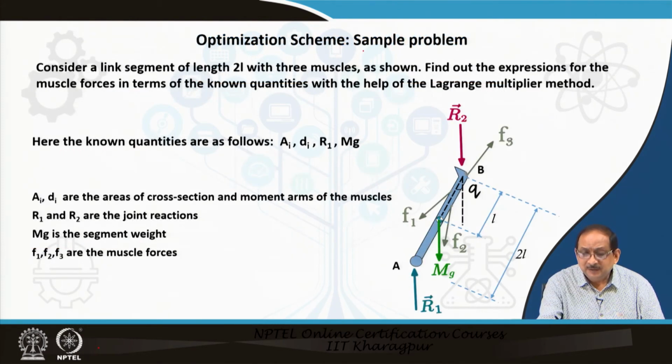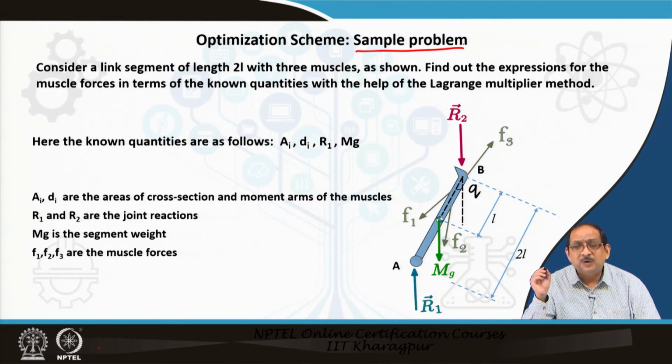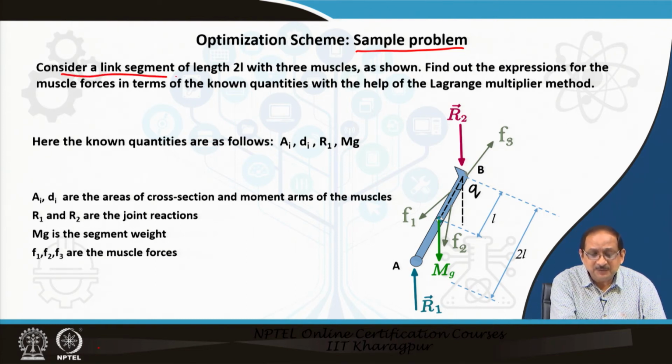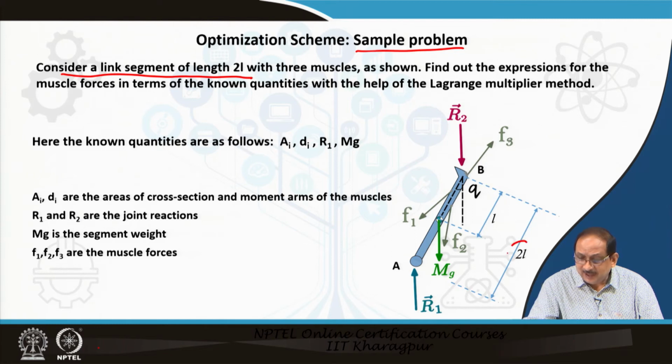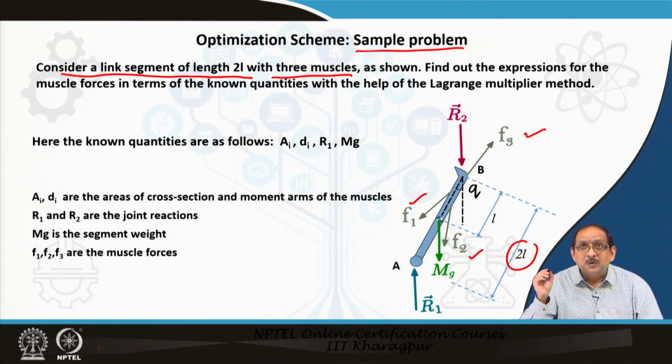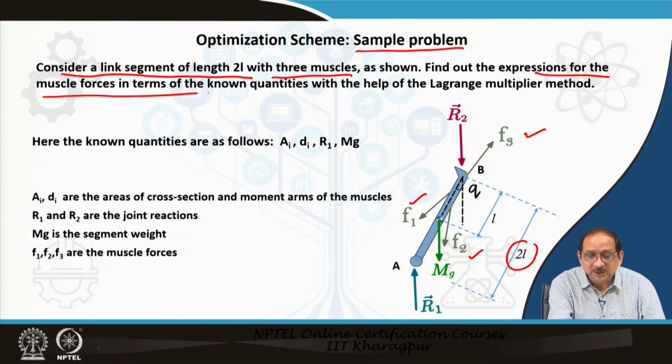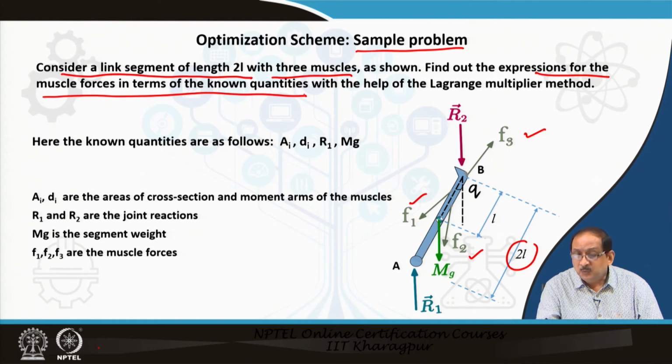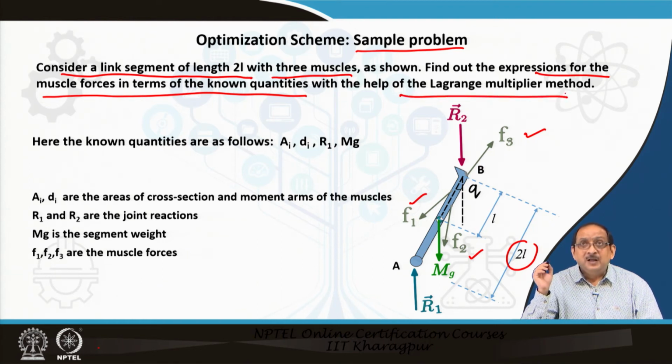Let us consider a sample problem to understand the optimization scheme. So, we consider a link segment of length 2L as indicated in the figure with 3 muscles F1, F2 and F3. We need to find out the expressions for the muscle forces in terms of known quantities with the help of the Lagrange multiplier method.